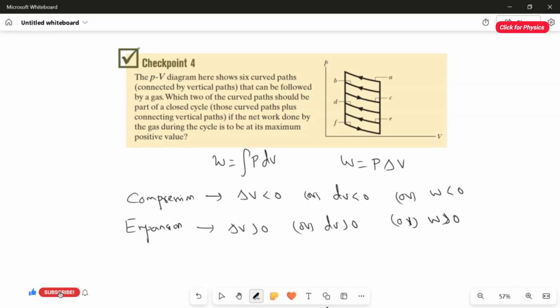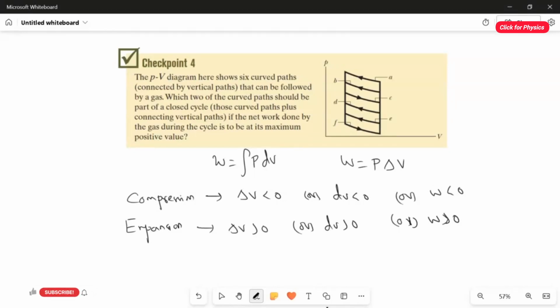Now let's see how many curves will give the compressed region and how many curves will have the expansion region. You can see here the curve A is moving in this direction. That means the curve A refers to compression. So the arrow marks towards the left direction are all compression. So how many curves do you have?